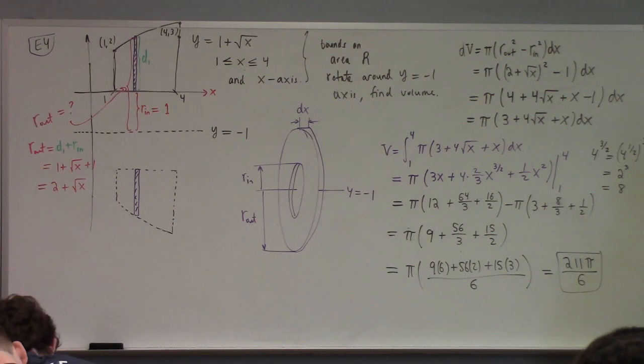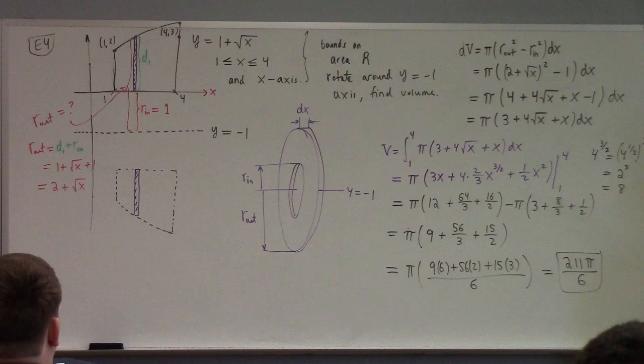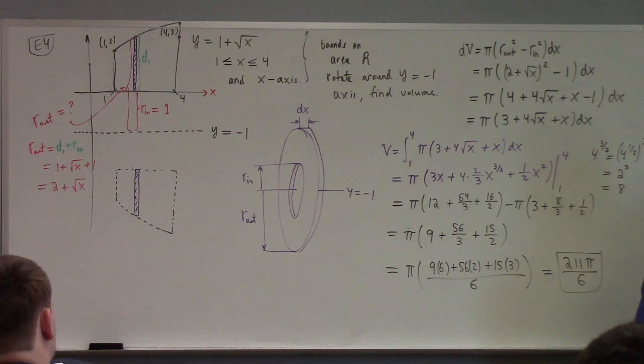So 1, 2, 3, 4. Basically this is the region that's bounded for us, right?